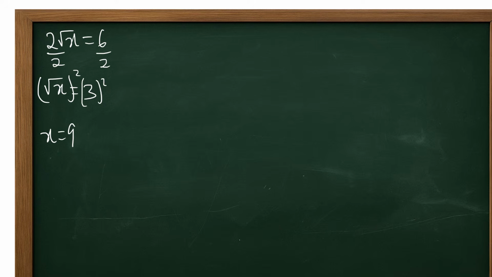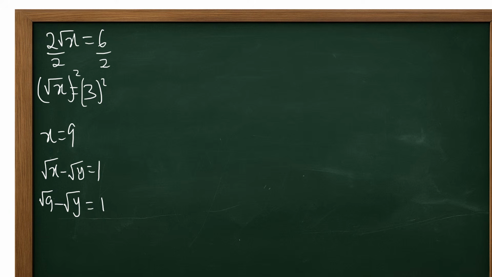What about y? Recall that we have the square root of x minus the square root of y equals 1. That is our equation 3. So here we have the square root of 9 minus the square root of y equals 1.